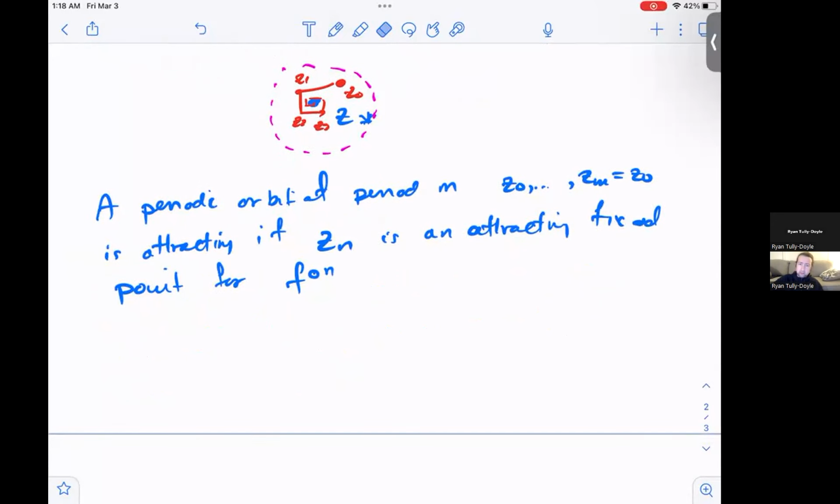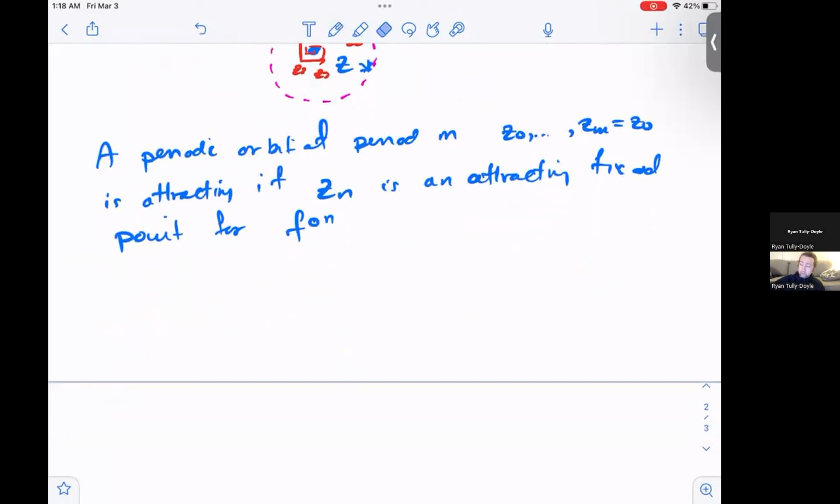So the next thing that we need is some sort of number that we can compute that describes when this happens. When we were working with the linear functions, we calculated the derivative, and that told us whether a particular fixed point is attracting or not. So remember that we looked at those linear functions.